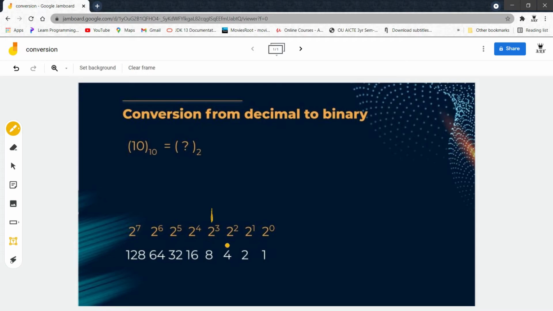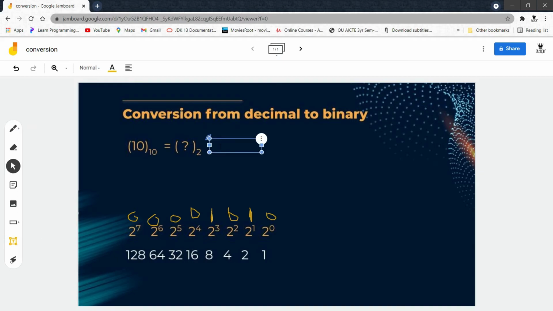So we should check our remaining number is closest to what power of 2. In our case, 2 is left and we directly have the value of 2 as 2 power 1. So we will write 1 here. So 10 is satisfied, that is 8 plus 2 is equal to 10. And we can write zeros in all the rest of the places. Actually I don't have the writing tablet, so my handwriting on PC is terrible. Please ignore that.